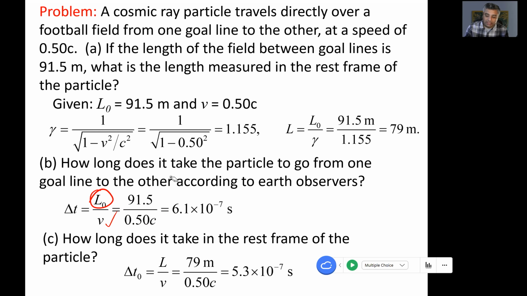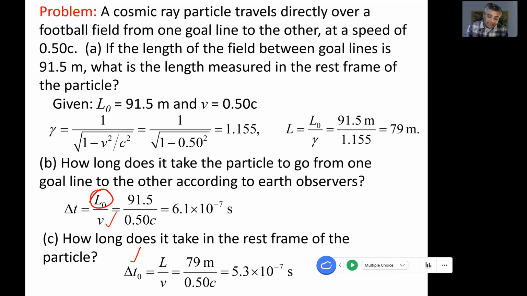Now, how long does it take in the rest frame of the particle? So the time measured by, let's say, the particle itself, which is moving in that frame of reference, is going to be the proper time for the particle, right? So we can calculate that by using this time.